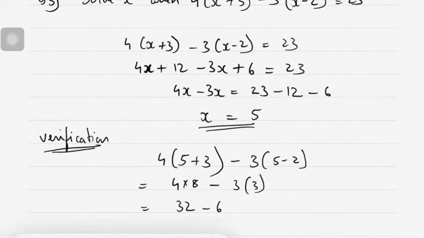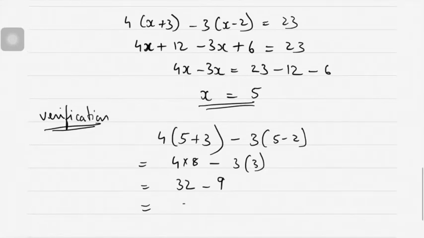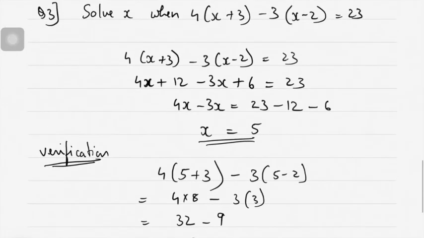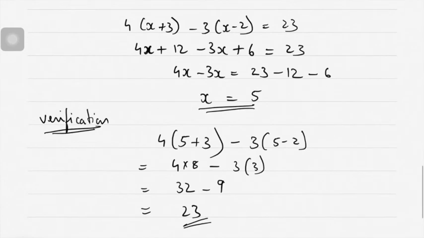3 3s are 9. Sorry. 32 minus 9. When you do 32 minus 9, how much do you get? 23, which is equal to RHS.